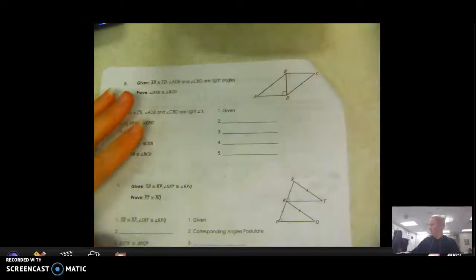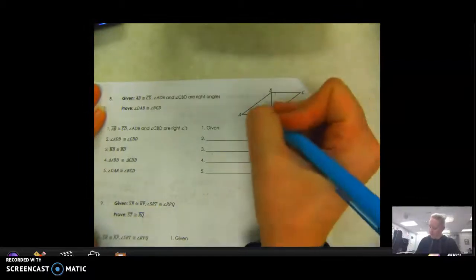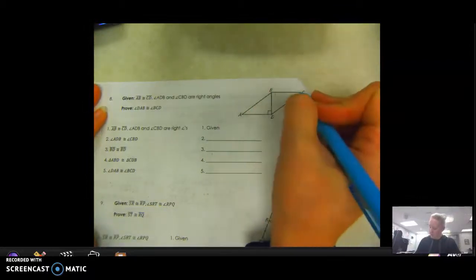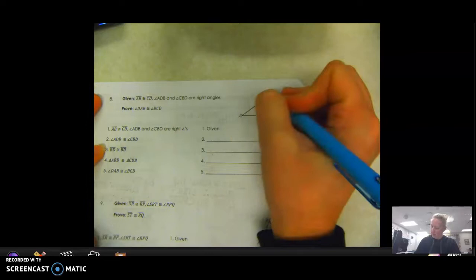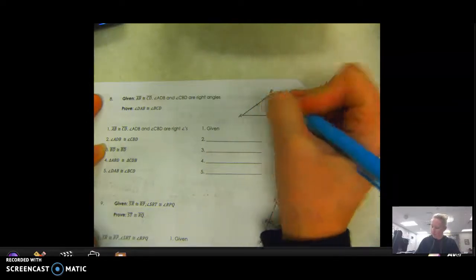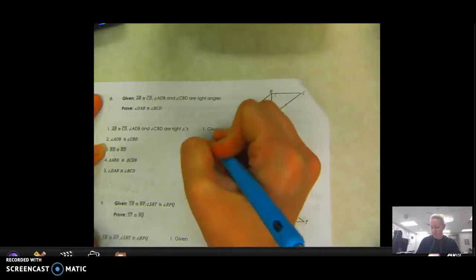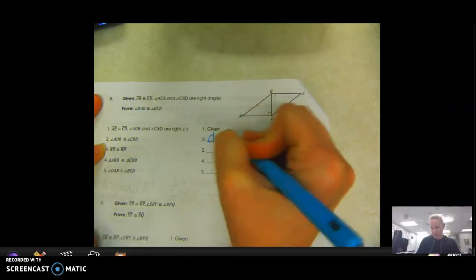All right, next one. AB congruent to CD, they have that marked. Angle ADB and angle CBD are right angles, they have that marked. Angles ADB and CBD are congruent. That's the definition of right angles.